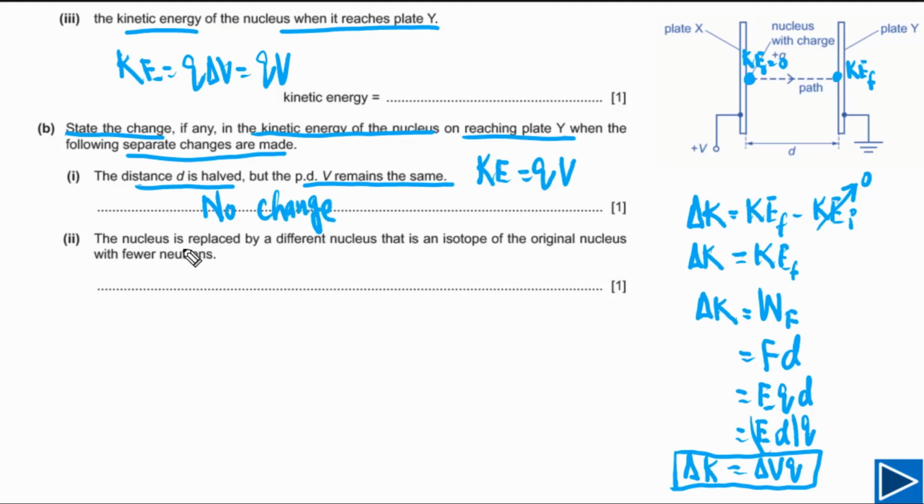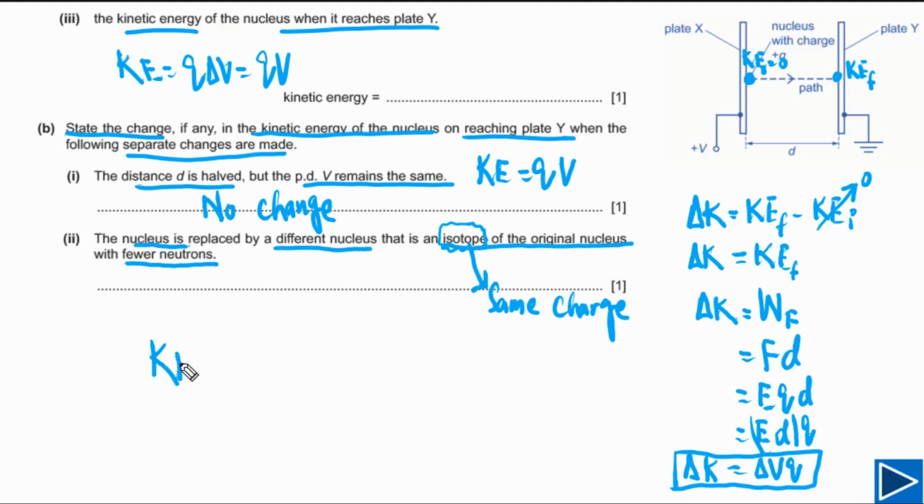Now if we go to the next one, it is given to us the nucleus is replaced by a different nucleus that is an isotope of the original nucleus. This is very important. Isotope means the same charge on the nucleus, because the same number of protons. So we need to understand the charge is the same, with fewer neutrons.